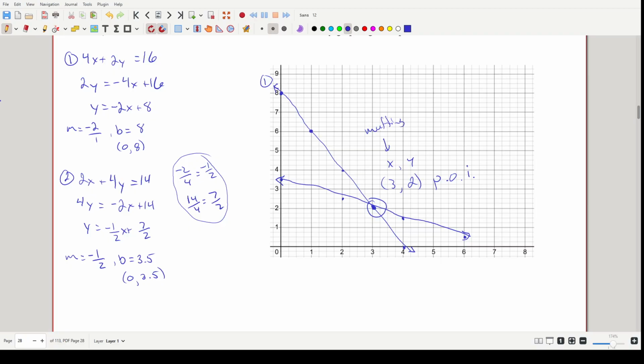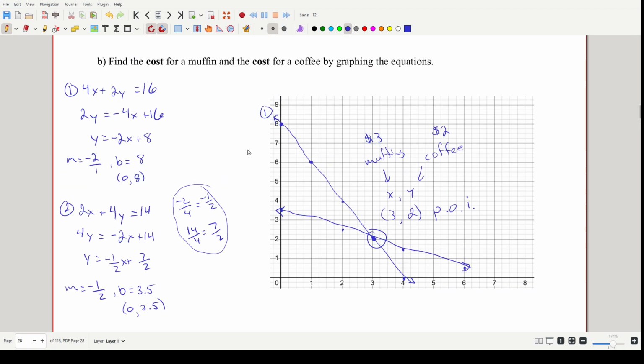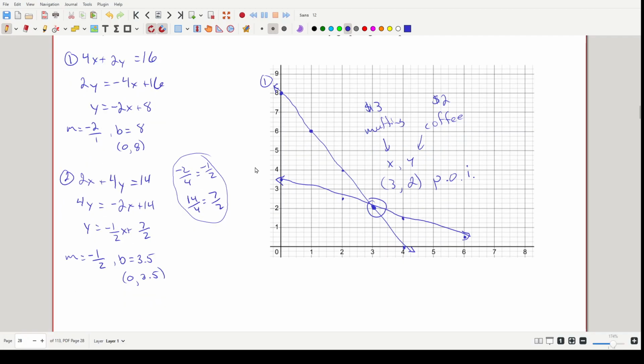So that implies that a muffin is $3. And y was the cost of coffee. That implies that a coffee is $2. That's exactly what we needed to do here. So this question was asking us to find the cost of a muffin and the cost of a coffee by graphing the equations. Well, we most certainly did that.